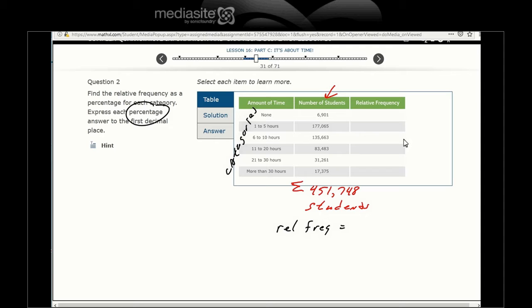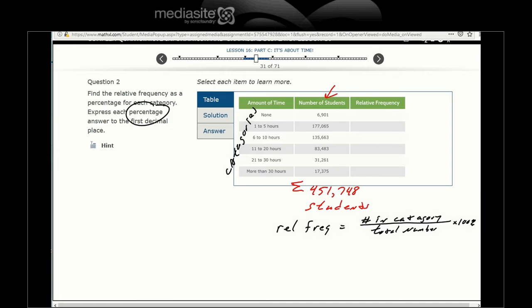That will be the number in the category, divided by the total number, times 100%.